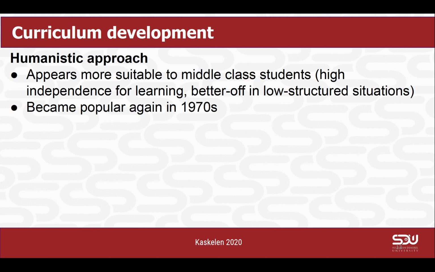The book argues that lower SES, poorer students might not find this approach comfortable or productive because they might need more direction. Think for yourself about that. According to our book, this approach became popular again in the United States in the 1970s. I would say elements of this approach can be found pretty much everywhere nowadays to a greater or lesser extent.